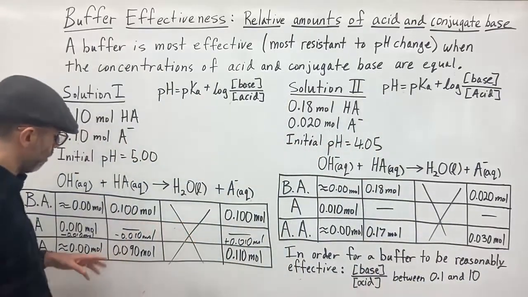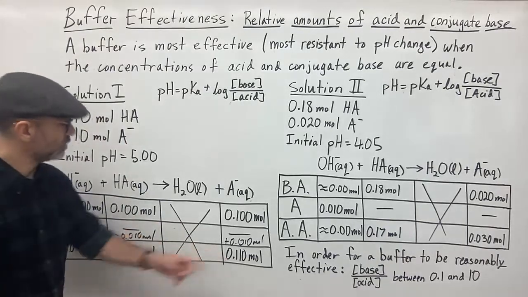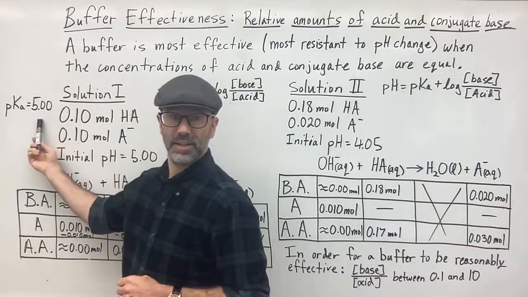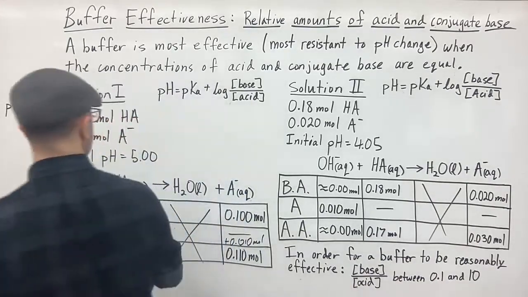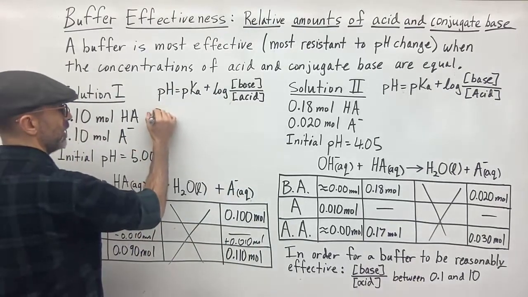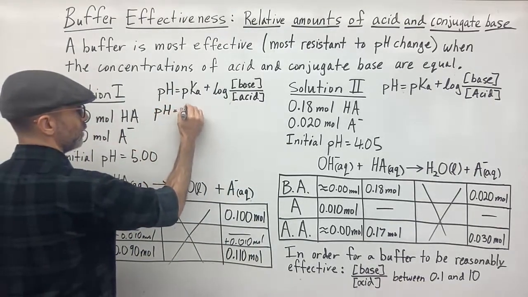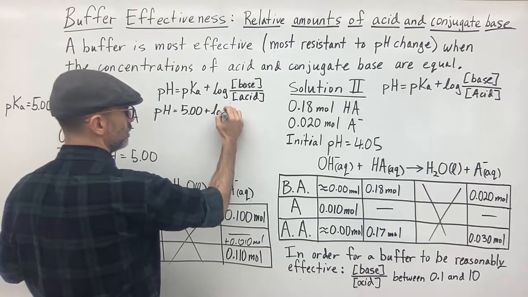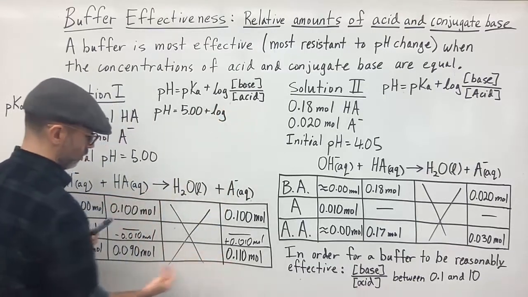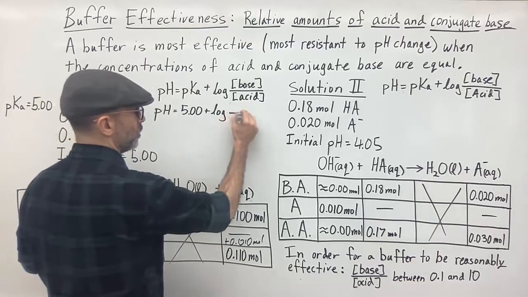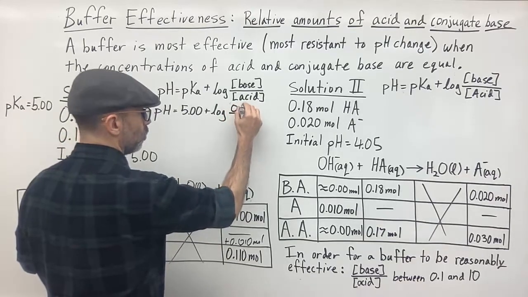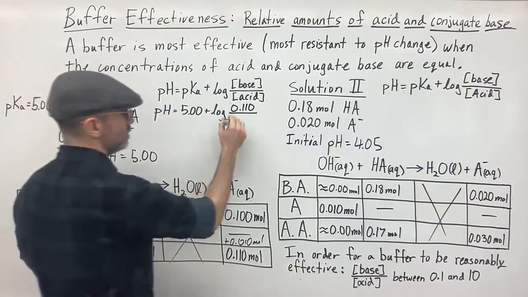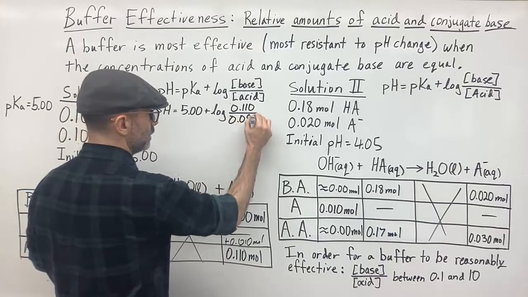So here you can see these are the amounts of acid and base. We are assuming for this problem that our pKa is 5.00. So pH is equal to 5.00 plus the log of base over acid, or conjugate base over acid. We put in 0.110 for the base, and for the acid 0.090.